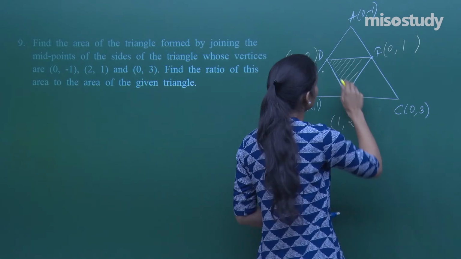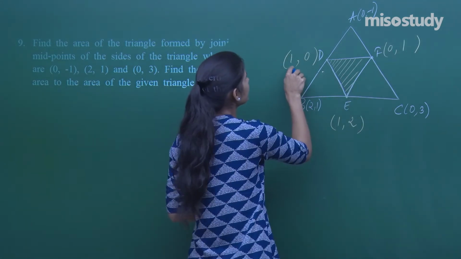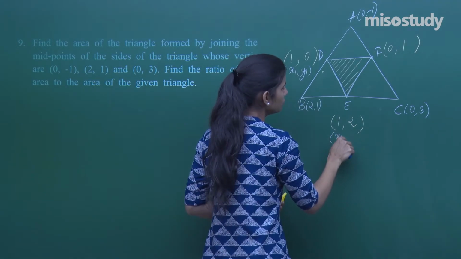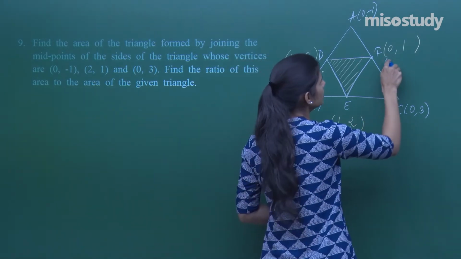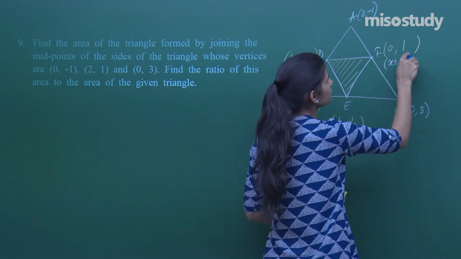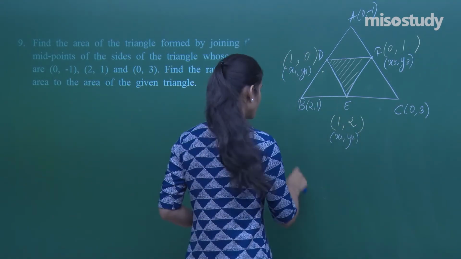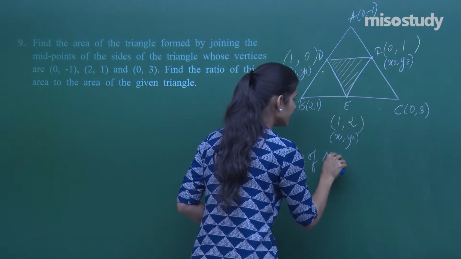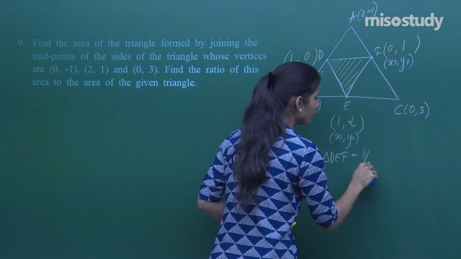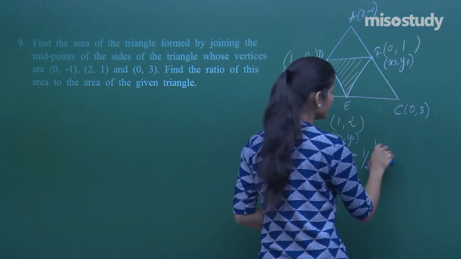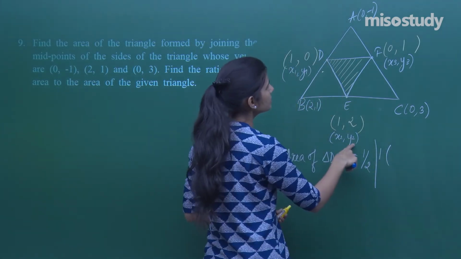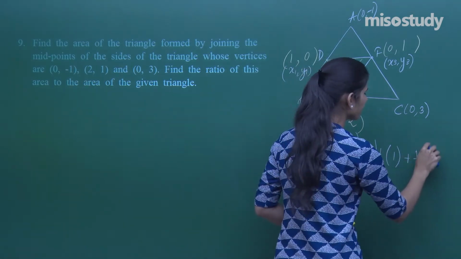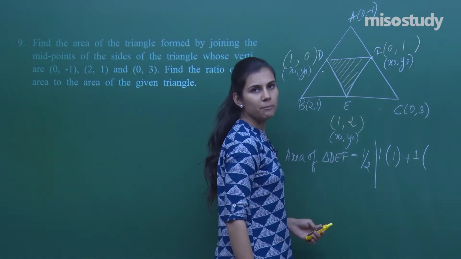The moment you have the coordinates of D, E and F, very easily I can take this as x1, this as y1, say this is x2, this is y2, this is x3, this is y3. So area of triangle DEF is half of mod of x1 (y2 minus y3), 2 minus 1 is 1, plus x2 (y3 minus y1).